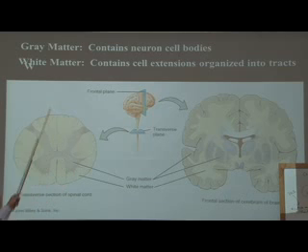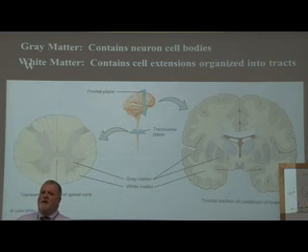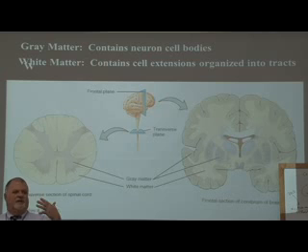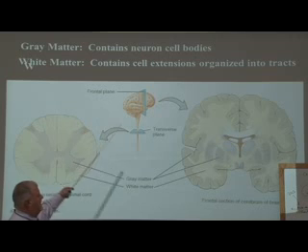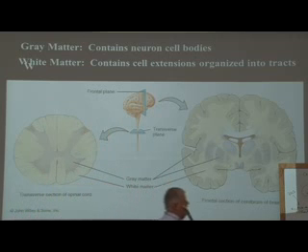As it turns out, gray matter contains neuron cell bodies. If the neuron cell bodies are aggregated into groups, then gray matter contains ganglia or nuclei. So gray matter is a collection of nuclei within the central nervous system. White matter contains cell extensions, or these nerve fibers.